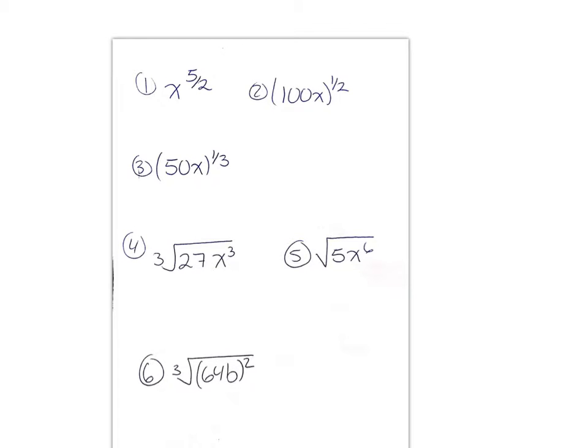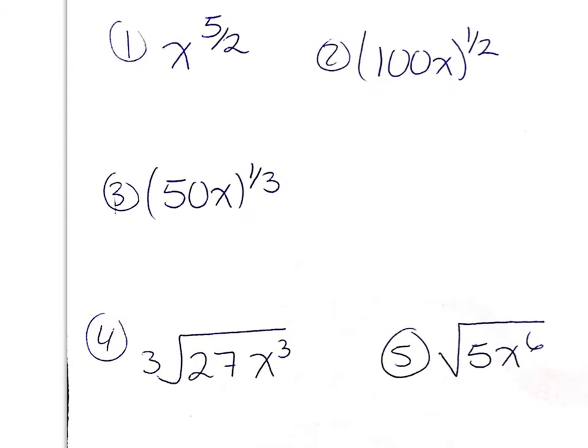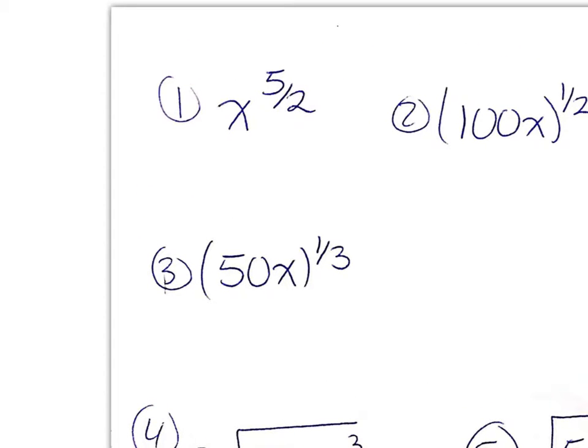So here we have some examples. Obviously, we're going to start off with number 1. We have x to the power of 5 over 2. From our notes, our index is on the bottom, the exponent's on the top. So we write our x underneath our radical sign.